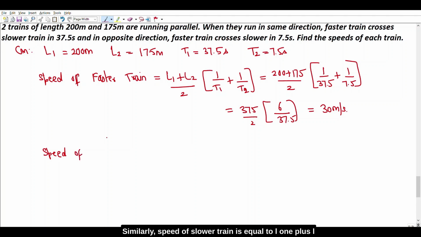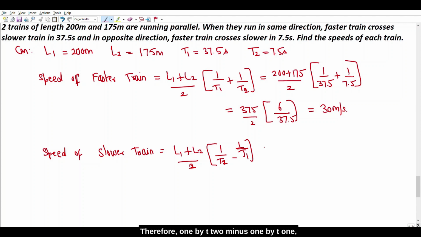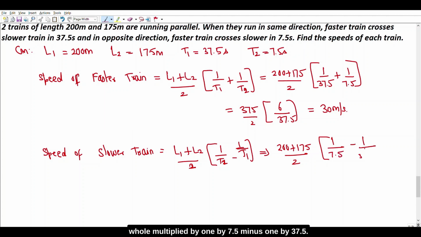Similarly, speed of the slower train is equal to (L1 plus L2) by 2, the whole multiplied by, we can consider either 1 by T2 minus 1 by T1 or 1 by T1 minus 1 by T2 as per our wish. Therefore, 1 by T2 minus 1 by T1, which in turn implies (200 plus 175) by 2, the whole multiplied by (1 by 7.5 minus 1 by 37.5).